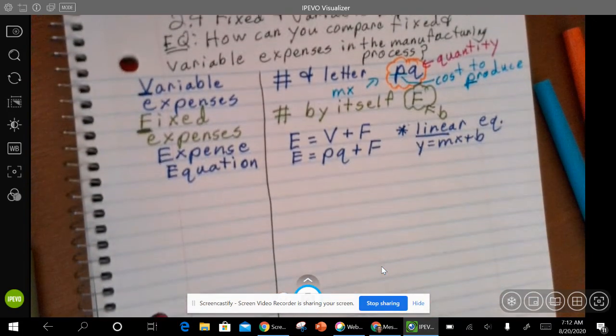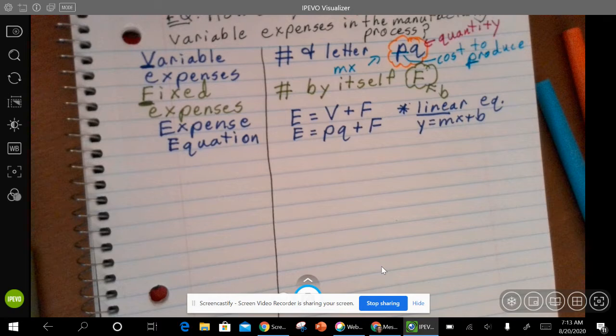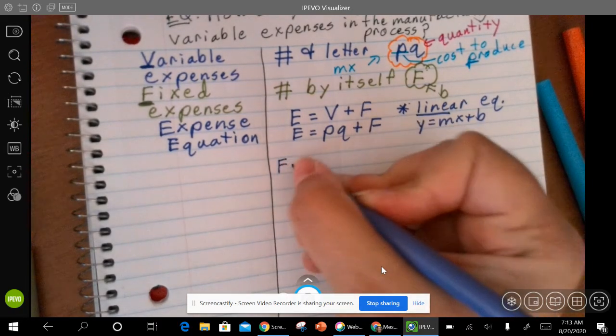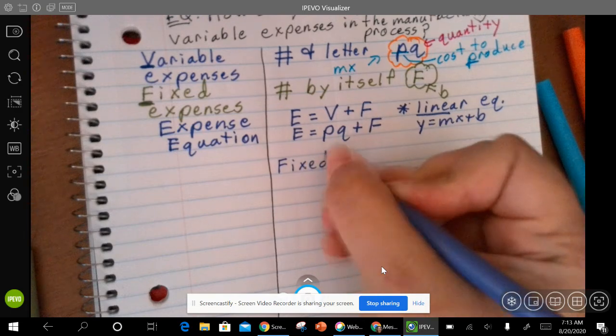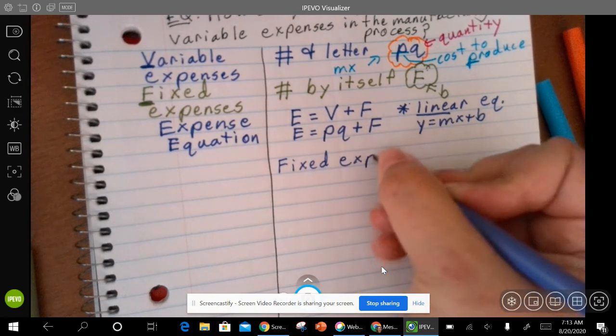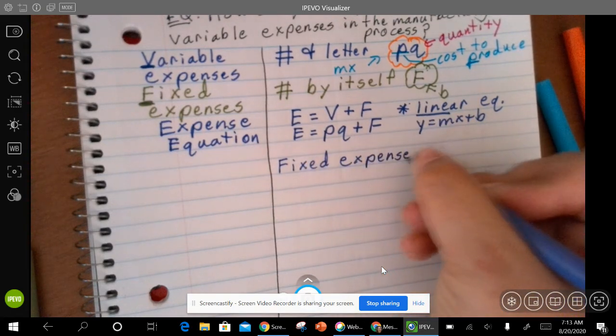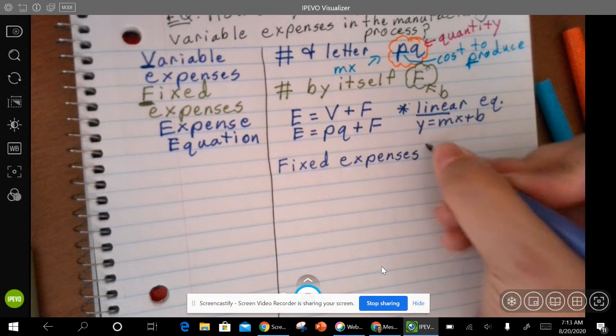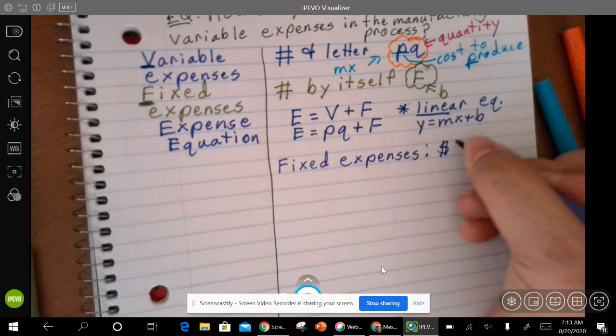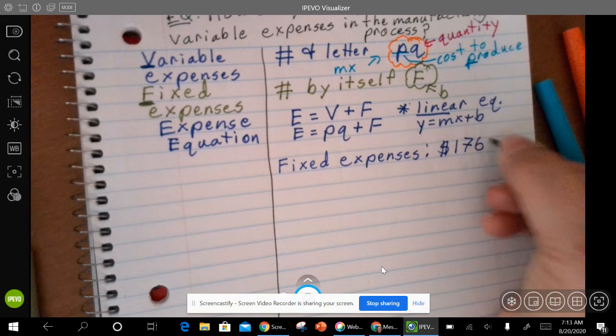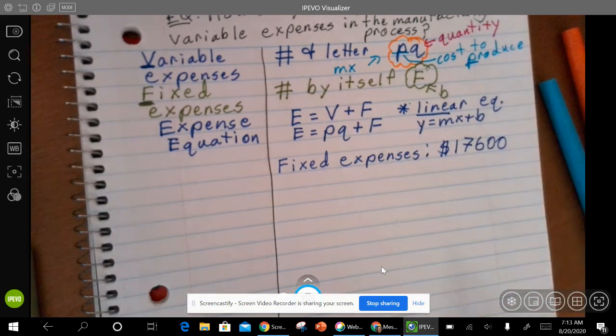So let's do an example. Let's say that the fixed expenses for the business are $17,600.